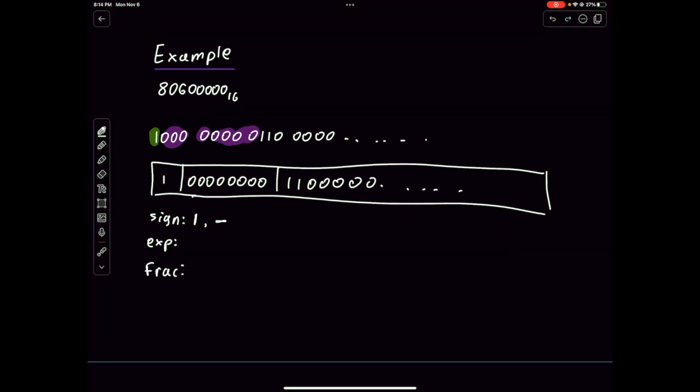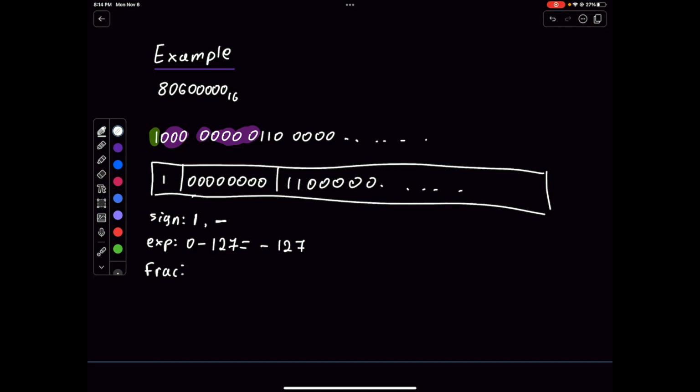Now, I wanted to interject here. I'm recording from the future. I wanted to mention that when the exponent is all zeros, you would think it's going to be 0 minus the bias, which is 127, and that would give us negative 127, right?